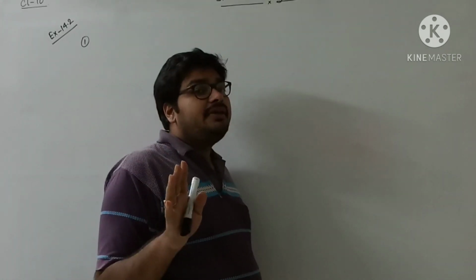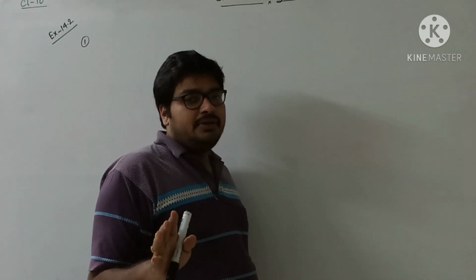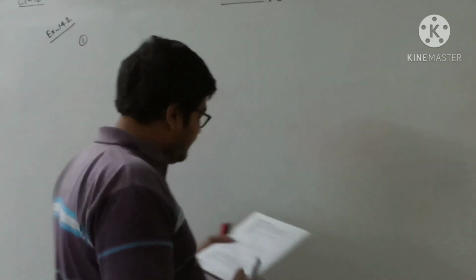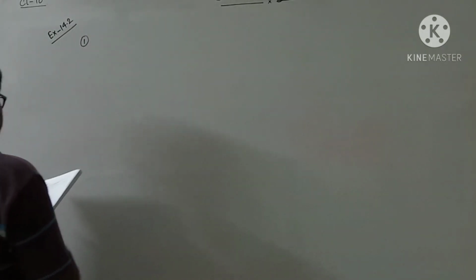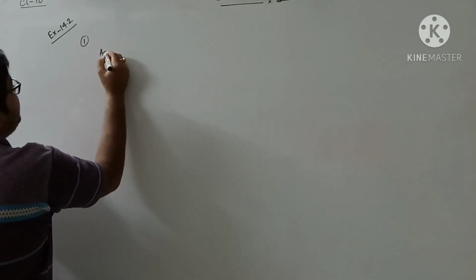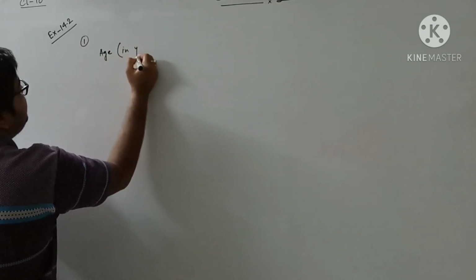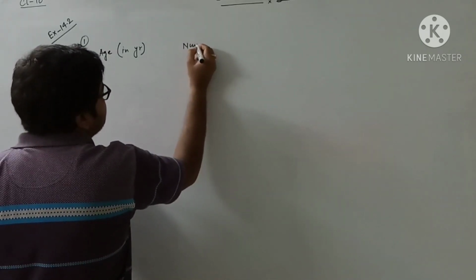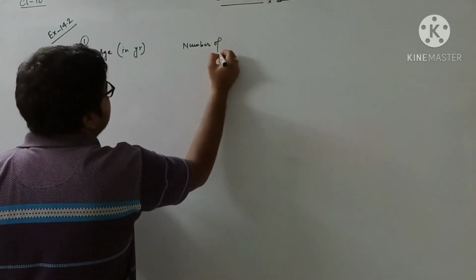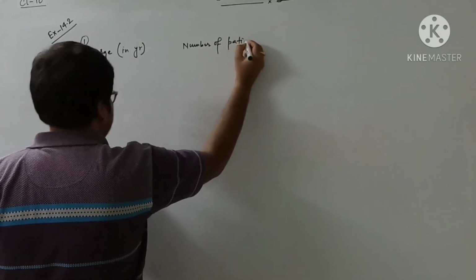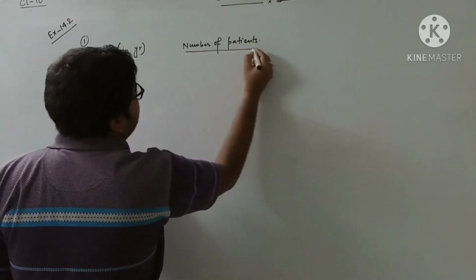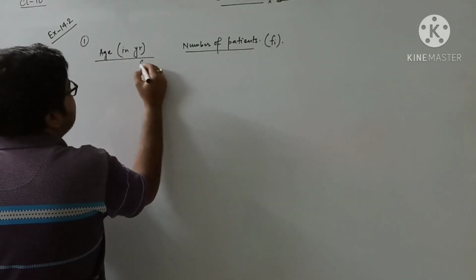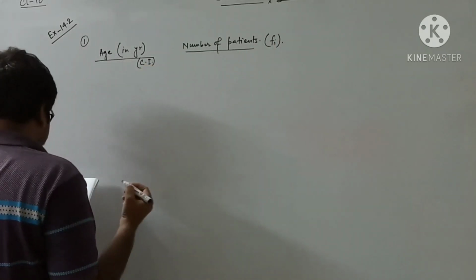Okay, so what are we going to start? Our mean is completed. Now today we are going to start mode. The first question, what is given? Age in years, then the number of patients. The number of patients is actually the frequency, and this is the class interval.